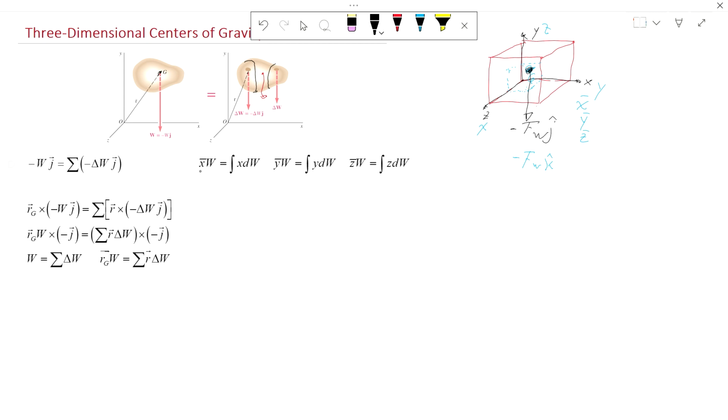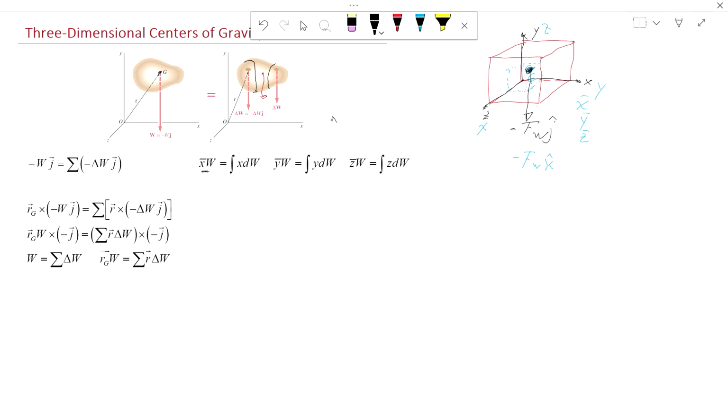So the centroid in x is going to be a function of x, the centroid in y a function of y, and the centroid in z a function of z.